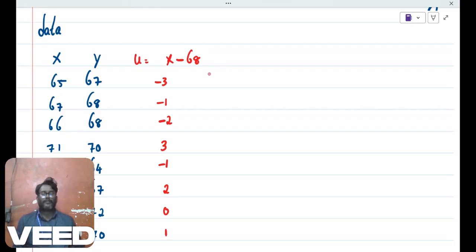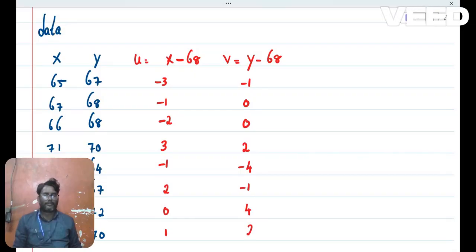Similarly, for y, v is equal to y minus 68. So 67 minus 68 is minus 1, 68 minus 68 is 0, 70 minus 68 is 2, 64 minus 68 will be minus 4, 67 minus 68 is minus 1, 72 minus 68 is 4, and 70 minus 68 is 2.